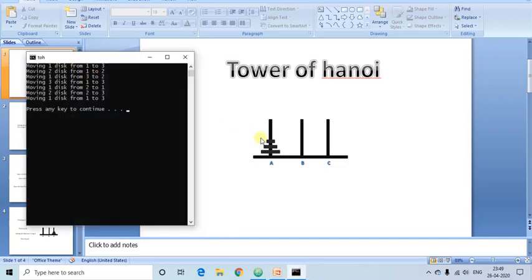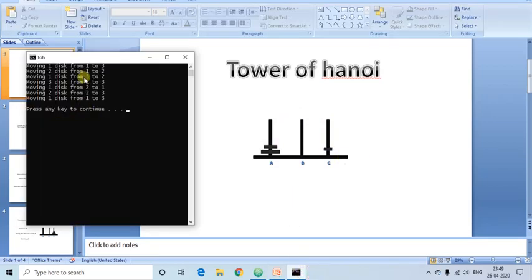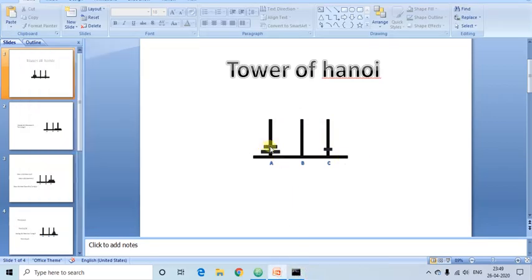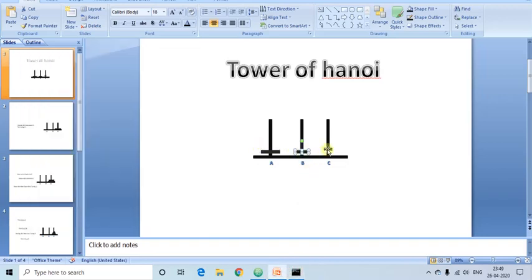First 1 to 3, moving that one from 1 to 3, and then 1 to 2, and we are going to move that from 1 to 2, again 3 to 2.